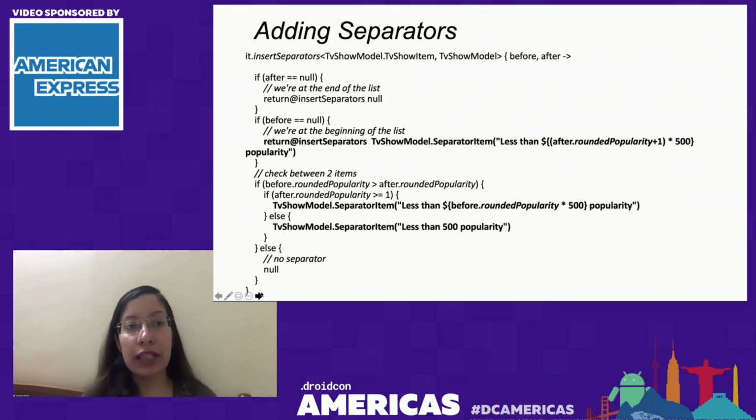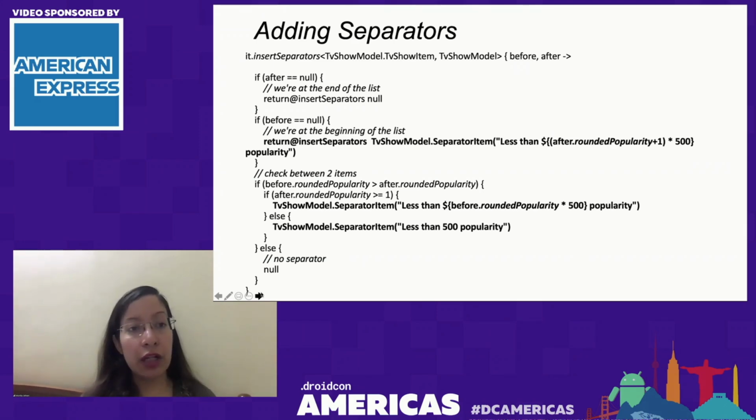I've done this transformation in the view model layer, and when I use insert separators, I get a before and after pair. If after is null, that means we are at the end of the list, so if you want to insert something at the end of the list, you can do it here.